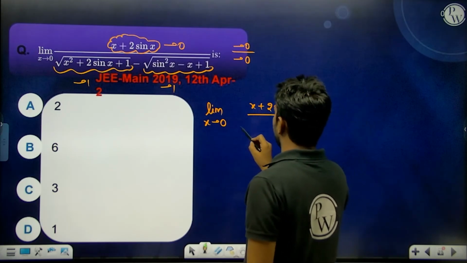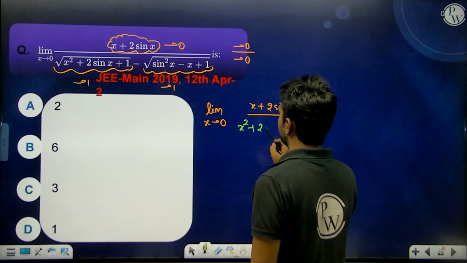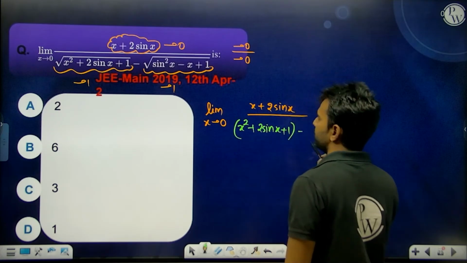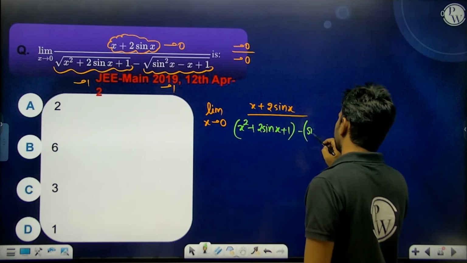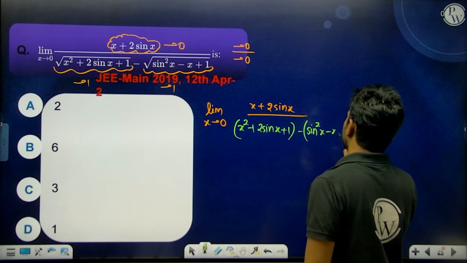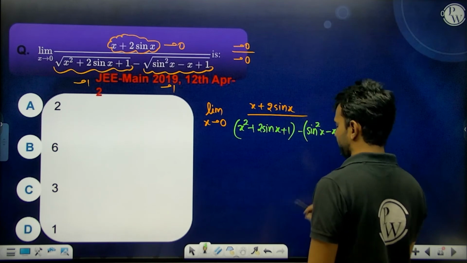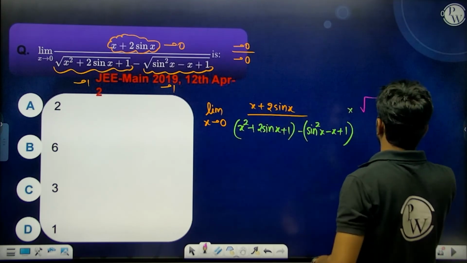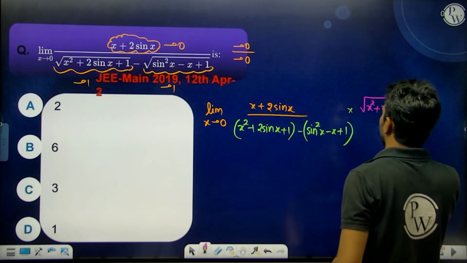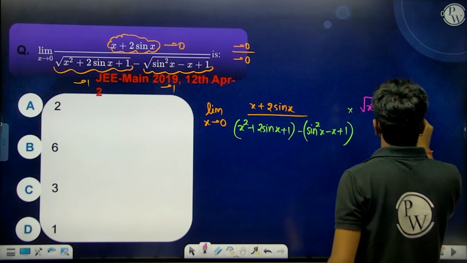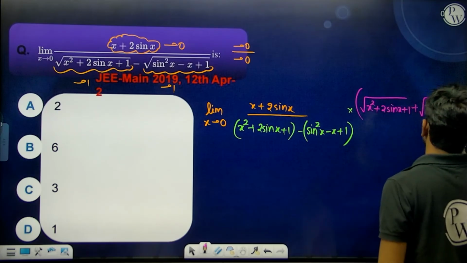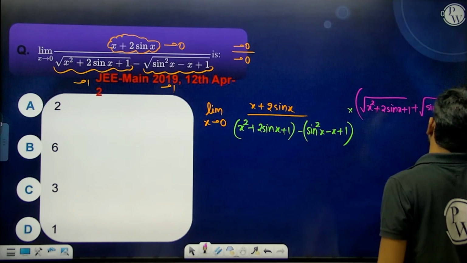X square plus 2 sine x plus 1 minus sine square x minus x plus 1 times of this thing with a plus sign will come in the numerator, under root x square plus 2 sine x plus 1 plus under root of sine square x minus x plus 1.